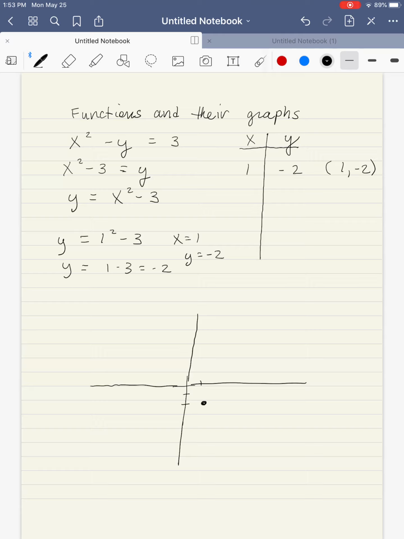So what I'd like you to do, I'm going to just go ahead and give you some other values of x, and I want you to figure out the y that goes with each of those, write an ordered pair, and plot those ordered pairs. And go ahead and do each of those. Plot them on the coordinate system. Pause the video, find each of your ordered pairs, plot them on the coordinate system, and then start the video back up.